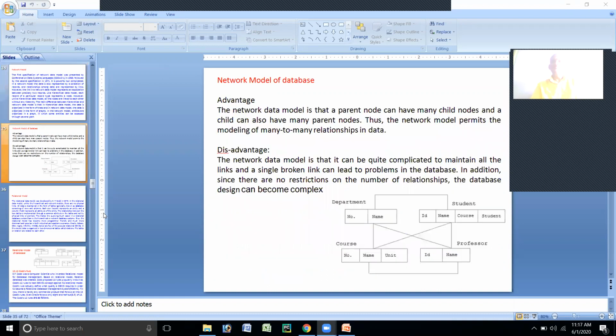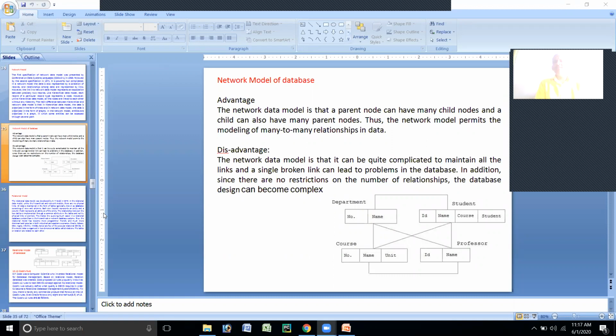Next, after understanding that, we'll move to the advantages and disadvantages of the network model. First, the advantage. In the network data model, a parent node can have many child nodes.